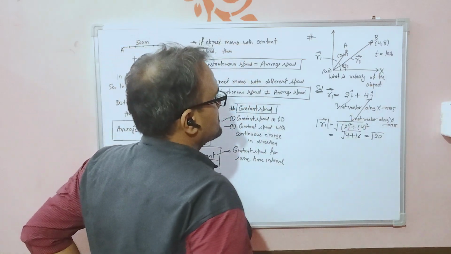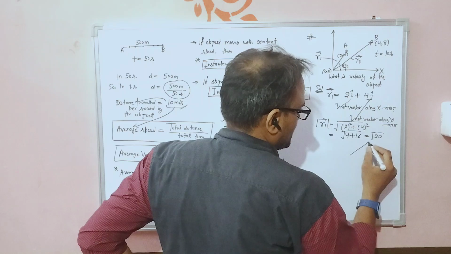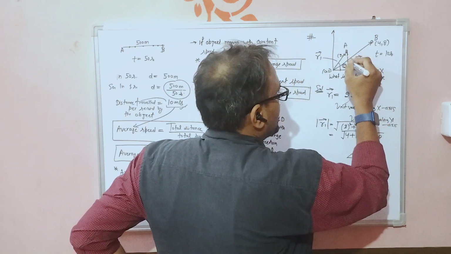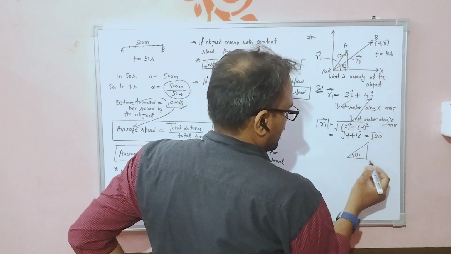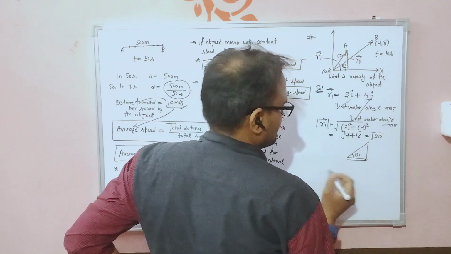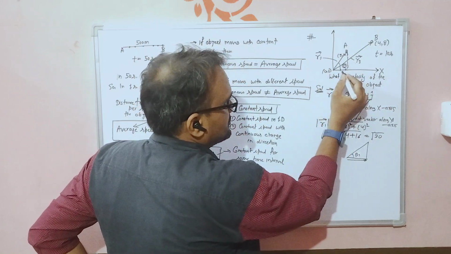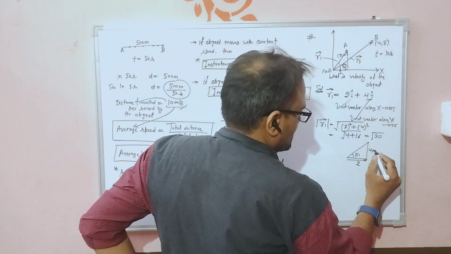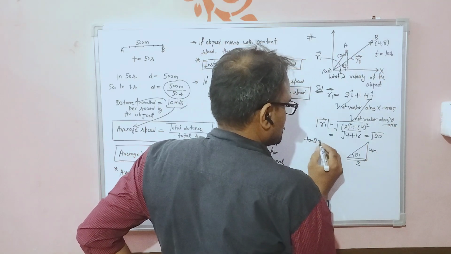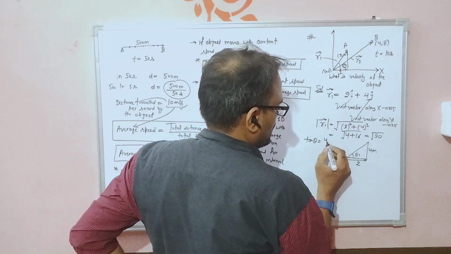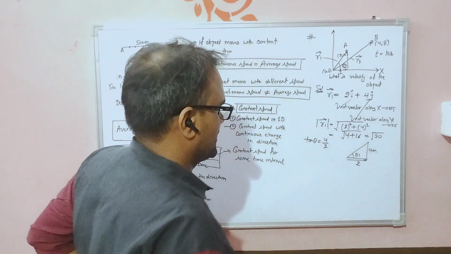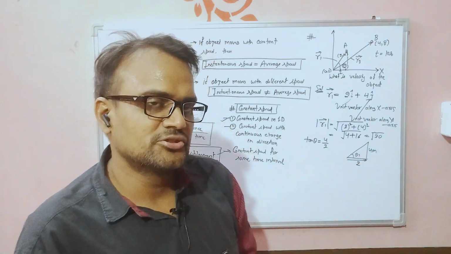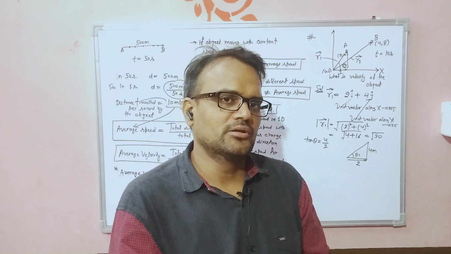Okay, so let's isolate this triangle over here. I have just isolated this triangle, and this length is how much? This is 2 meter, and this height is going to be 4 meter, right? So I can say tan theta is equal to 4 upon 2, right? Basically I have just applied the trigonometric ratios, and you are already familiar with them.